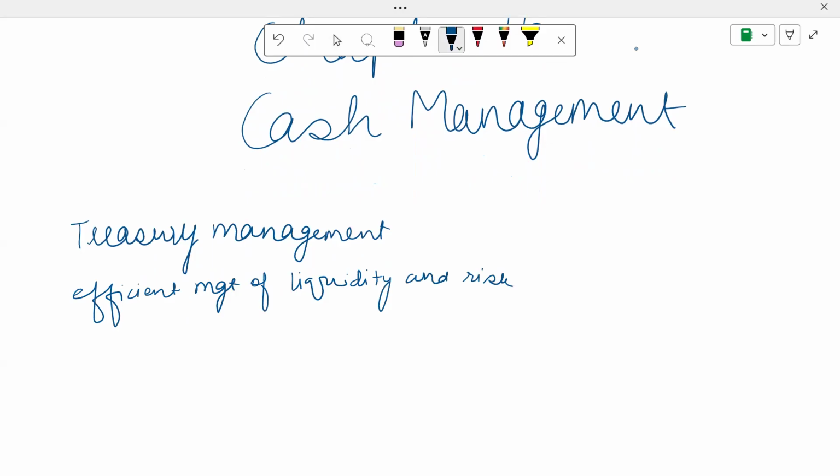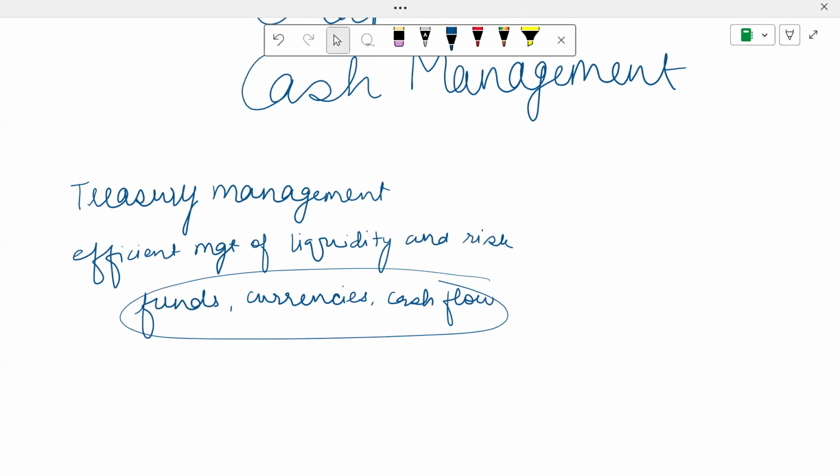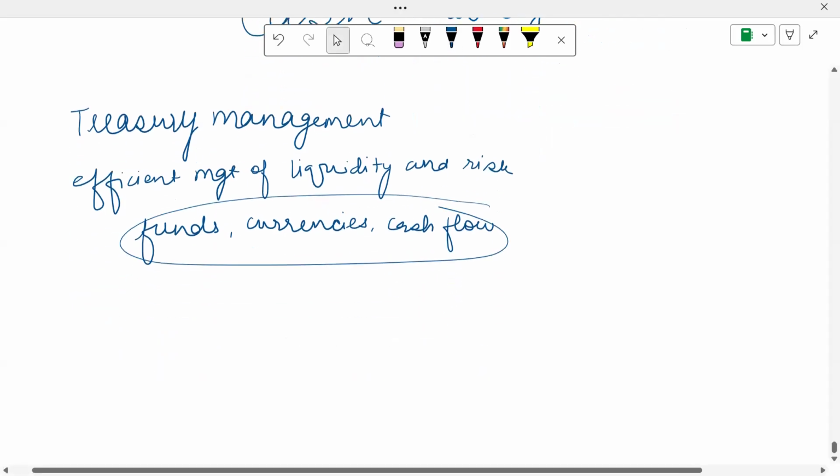Over here, you will do it for funds, you will do it for currencies, and you will also do it for cash flows. Everything which relates to cash, it could be foreign currency also. So treasury management takes care of the efficient management of all of these three things.